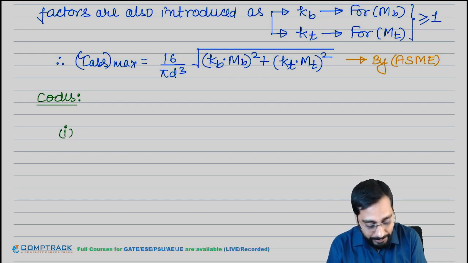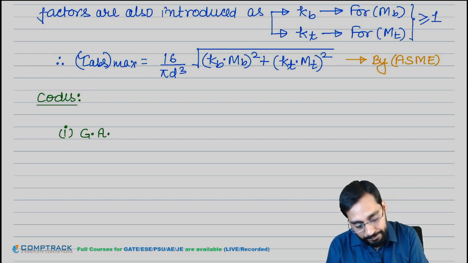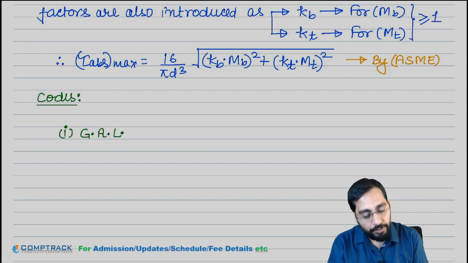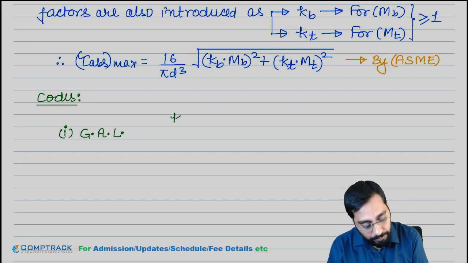First will be for gradually applied load. For gradually applied load, Kb and Kt will be given in the table.